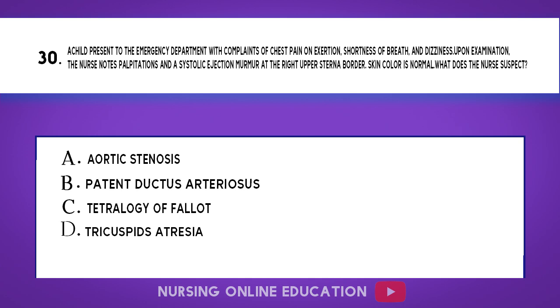30. A child presents to the emergency department with complaints of chest pain on exertion, shortness of breath, and dizziness. Upon examination, the nurse notes palpitations and a systolic ejection murmur at the right upper sternal border. Skin color is normal. What does the nurse suspect? A. Aortic stenosis. B. Patent ductus arteriosus. C. Tetralogy of Fallot.